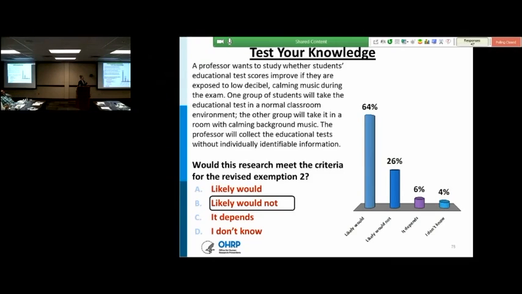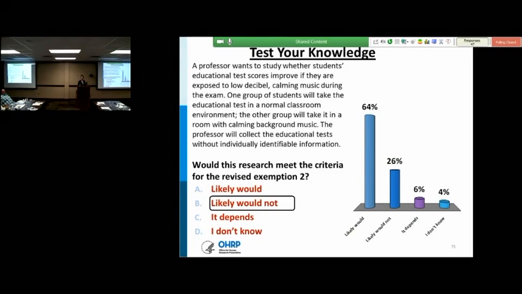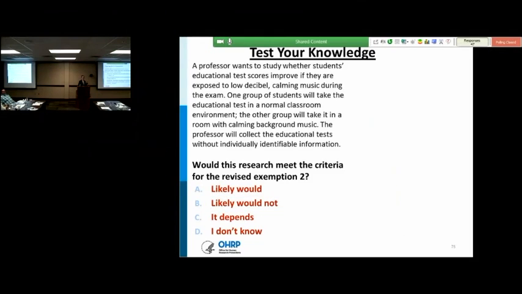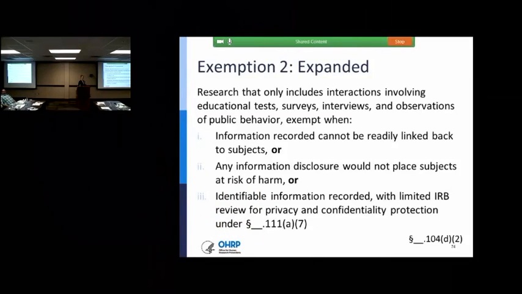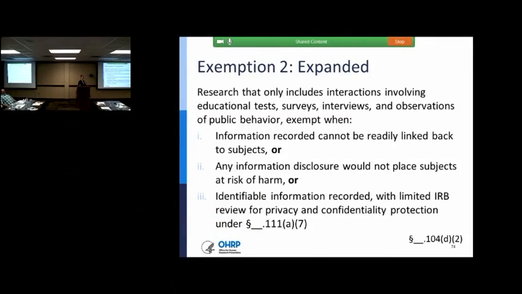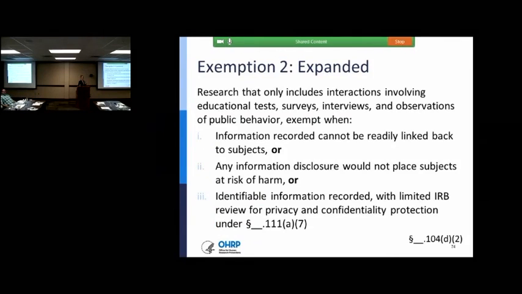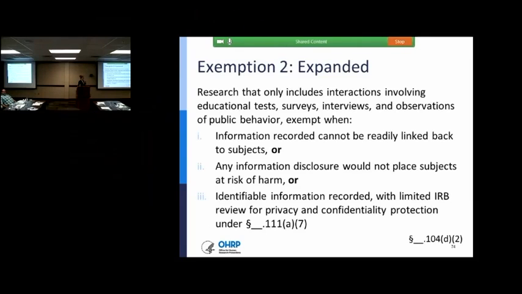So why wouldn't this meet the criteria for Exemption 2? If we go back a bit, the exemption covers research that only includes interactions involving educational tests, surveys, interviews, and observations of public behavior, right? So here, the intervention is the calming music. The metric for collecting your data, the way that you're gathering the data you're interested in, is through this educational test.